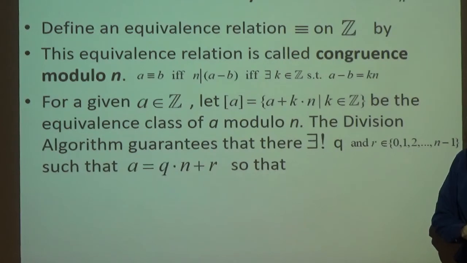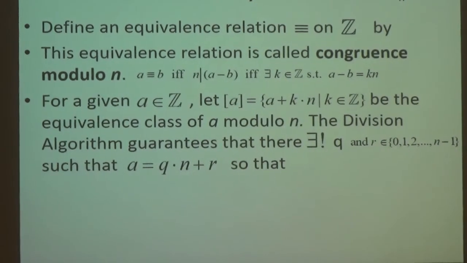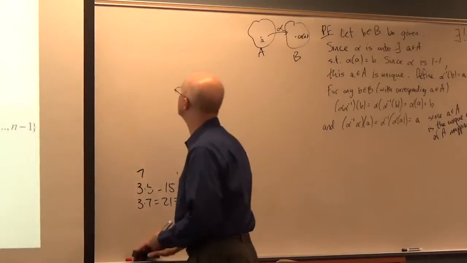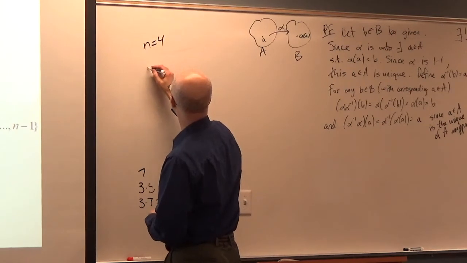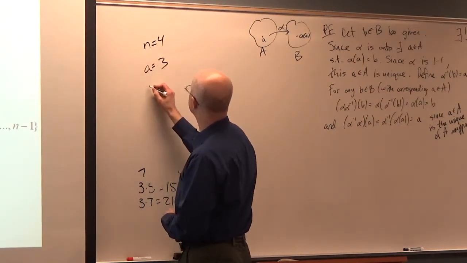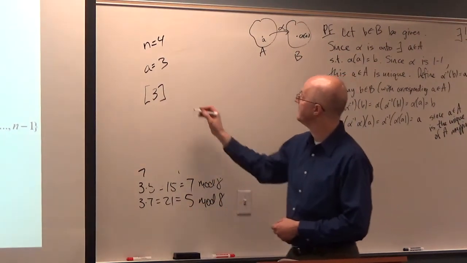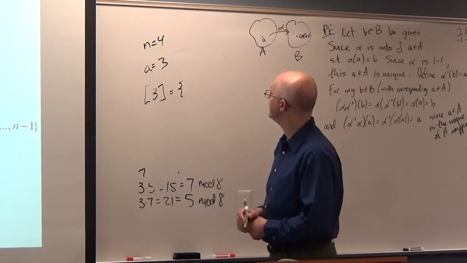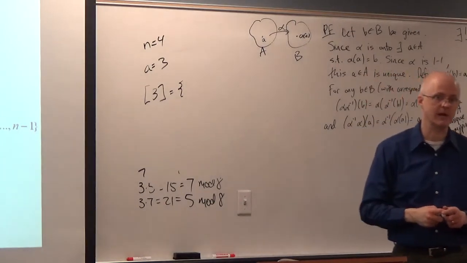So, for example, if a is 3 and n is 4, let's go ahead and do a particular example now. If n is given to be 4, and a is 3, the equivalence class of 3 under congruence mod 4 contains everything that is a multiple of 4 units away from 3.